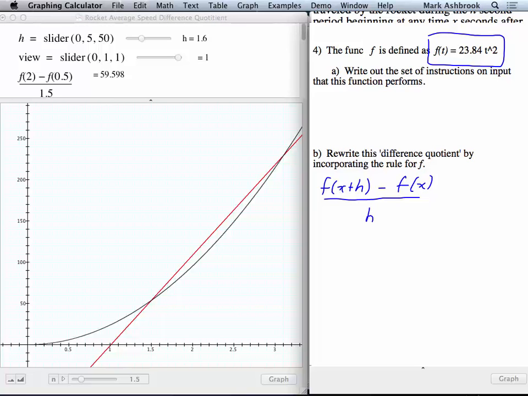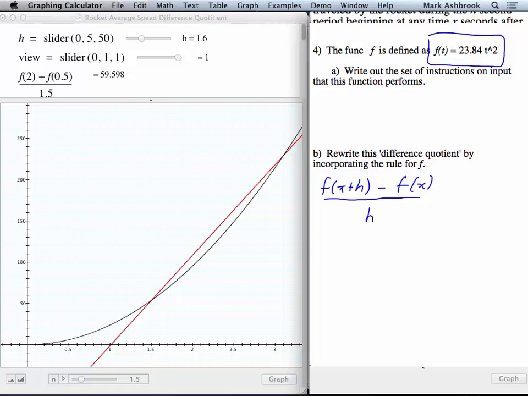How about in that thing that I put a box around? What is the input? T. So that thing on the right side tells you to do what to t? Square it first, and then multiply by 23.84. That's what that function does. It takes the input and squares it, and multiplies by 23.84.